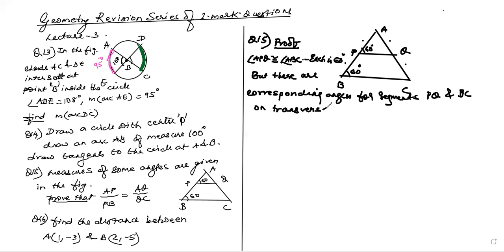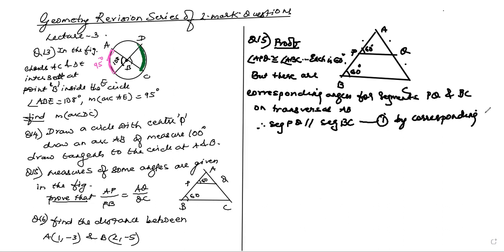Now remember, children, if the corresponding angles formed on a transversal are congruent, then the lines are parallel. Therefore, segment PQ parallel segment BC by corresponding angle test. I call this as 1.